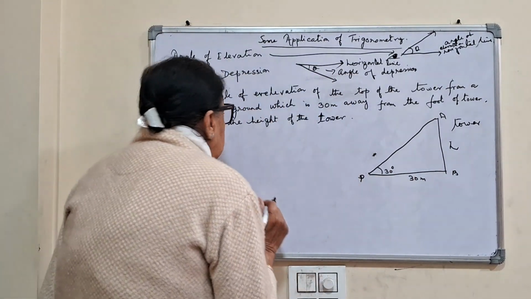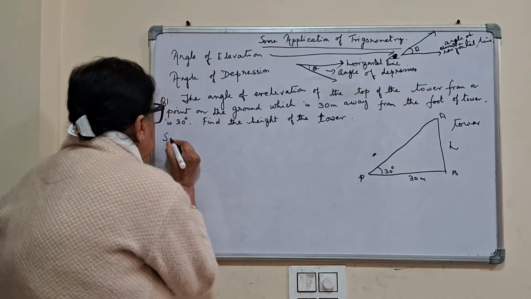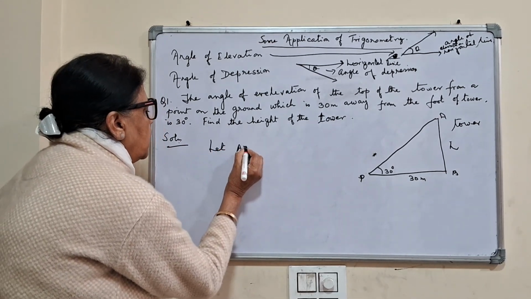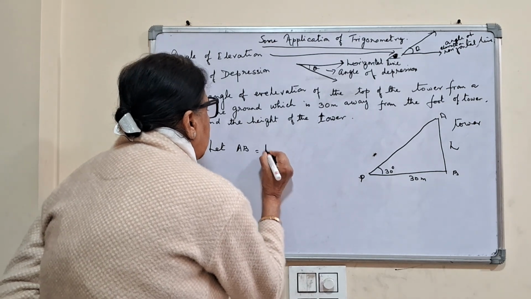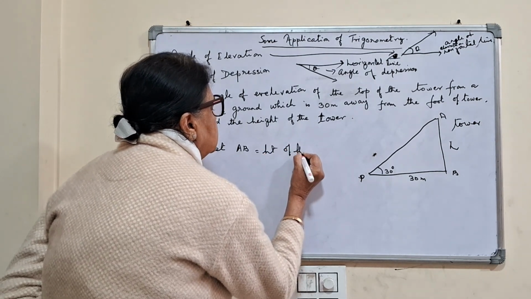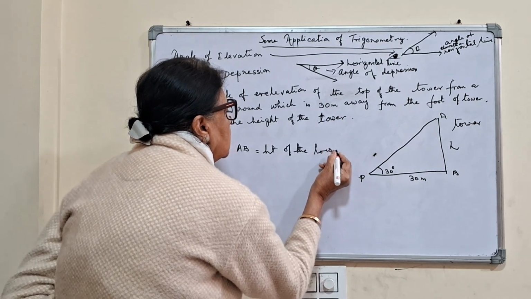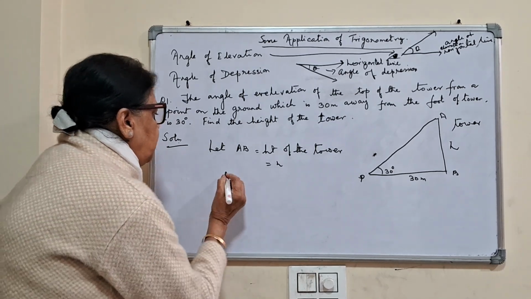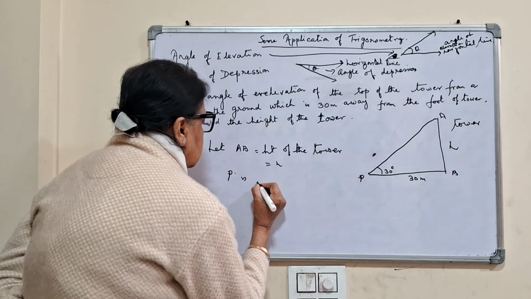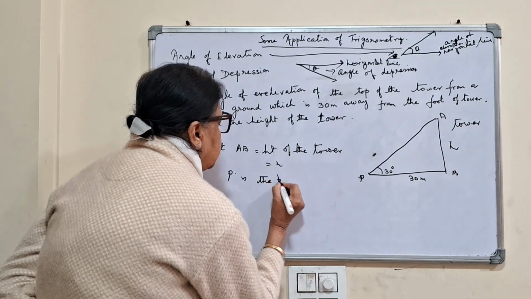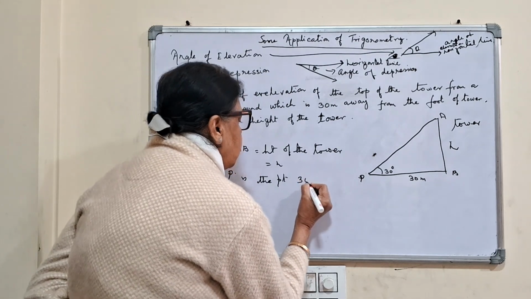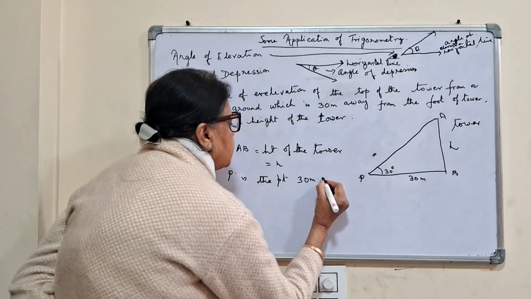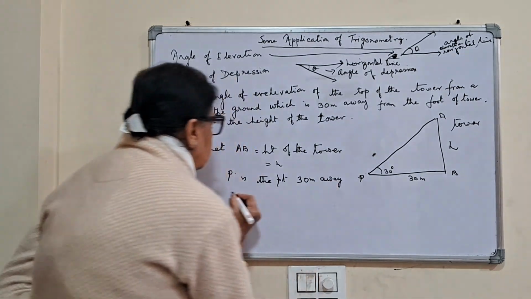Solution: let AB be the tower, AB is equal to the height of the tower, equal to H. P is the point 30 meter away from the foot of the tower.